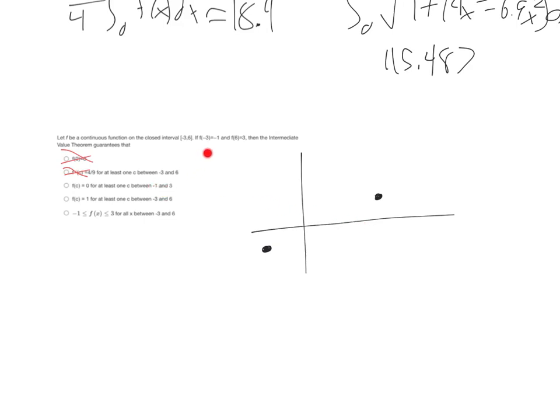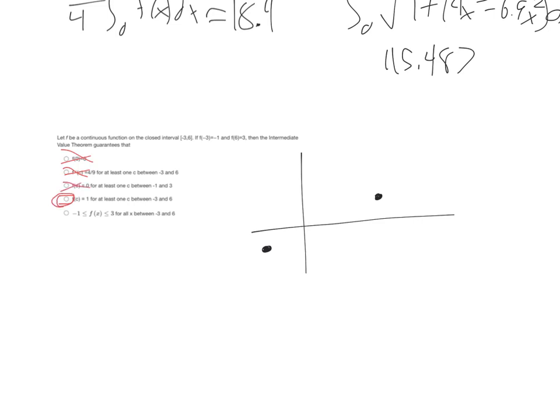This is the interval of the y-coordinates, negative 1 to 3. It needs to be the next one, which is the same thing, but the interval of the x-coordinates. Between this x and this x, we must, yes, somewhere cross the x-axis. So it is this one. It is D here for me.